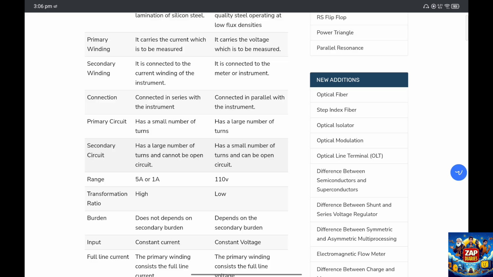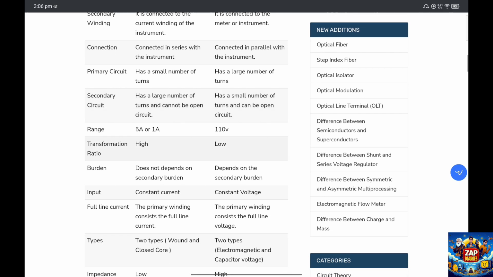The primary has one turn and the secondary has more turns, so it is actually increasing the voltage in the secondary part. If you keep it open, you may see arcing that will heat up the terminals, causing a rise in temperature and eventually leading to fire risk.